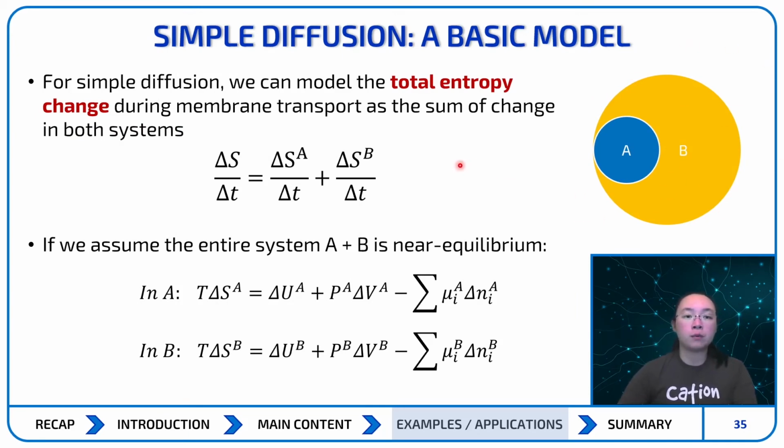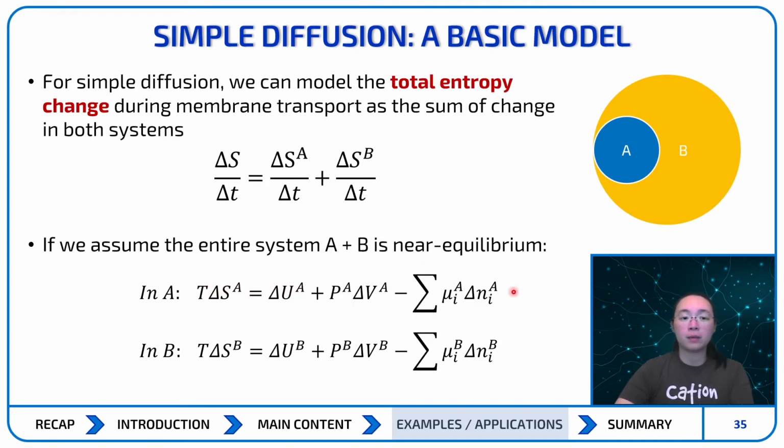For simple diffusion, we can model the total entropy change during membrane transport as the sum of the change in both systems. So the total entropy change over a specific amount of time is equal to the change from A plus the change from B over that time. If we assume that the entire system A plus B is near equilibrium, then in A, you have T delta S_A equal to delta U_A plus P delta V minus this.